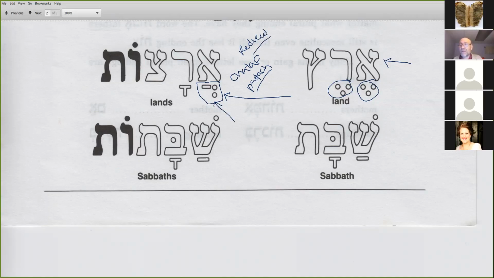It throws a muzzle on it a little bit. Then, notice over here under the resh, we have segol. Well, guess what? This changes completely to a patach, which is a long A-class vowel. So there's quite a few changes that happen here when you convert from singular to plural, as pertains to the word eretz, for land.